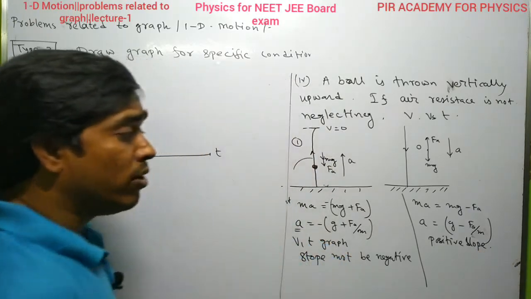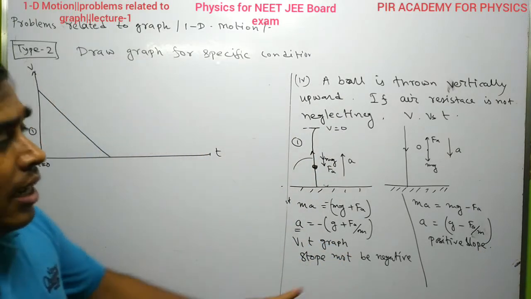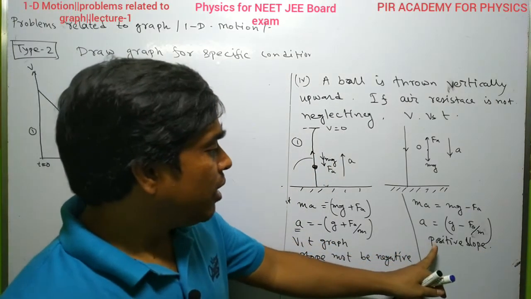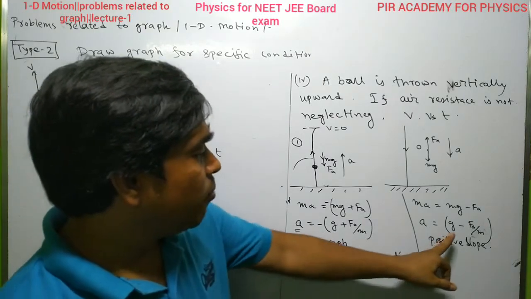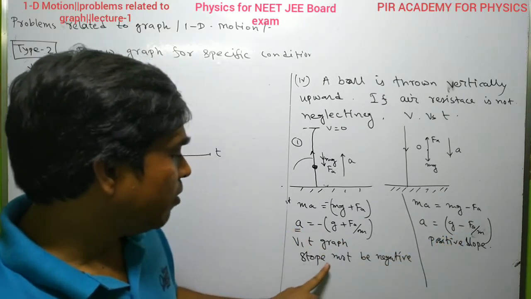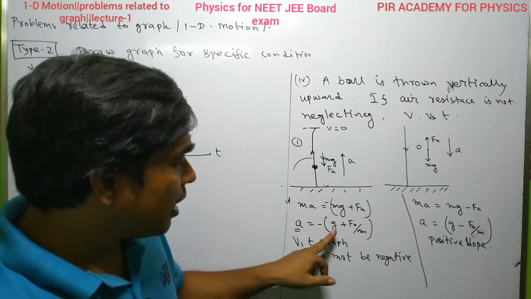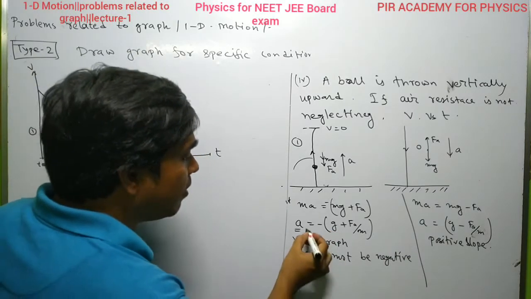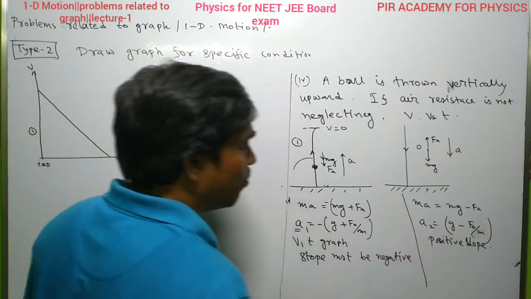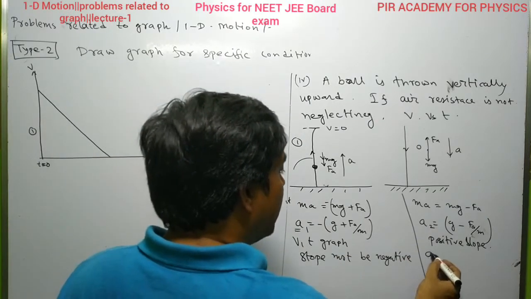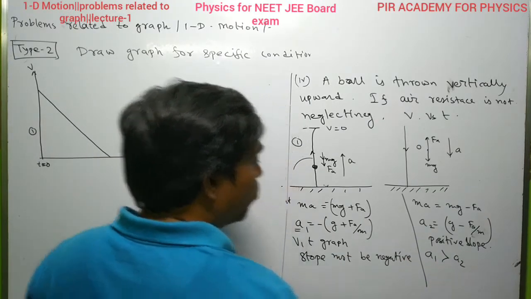but the slope here is less and here it is greater. Suppose this is a1 and this is a2. So a1 is greater than a2.